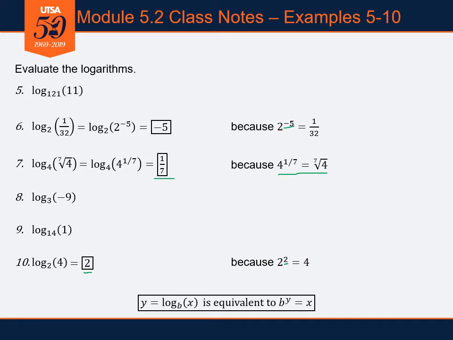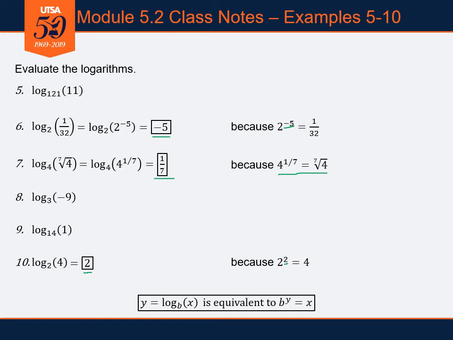That's the power that I have to raise the base 2 to get a result of 1 over 32. So that is my answer. That is the logarithm. A logarithm is a power. The answer then to example number 6 is -5.